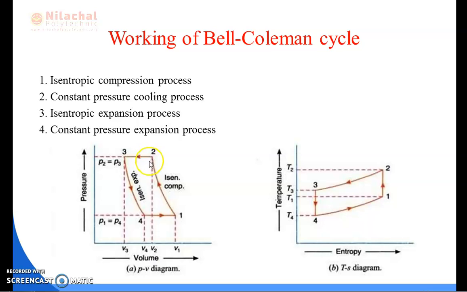During the compression stroke, both the pressure and the temperature increase, and the specific volume of air at delivery from the compressor reduces from V1 to V2. Now you observe this is V1 and this is V2. Pressure increases P1 to P2, volume decreases V1 to V2, as well as temperature increases T1 to T2. So the first process is completed.